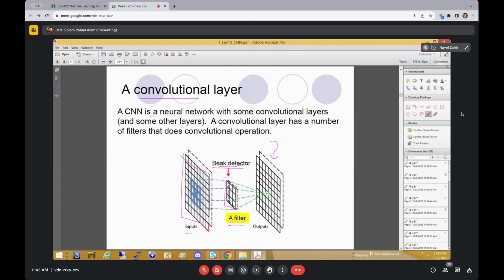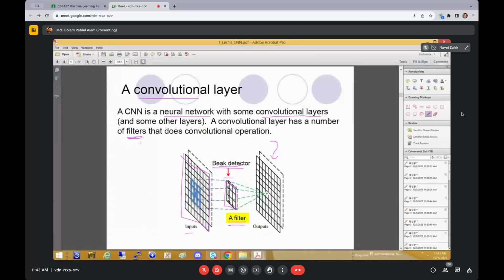So a convolutional neural network is a neural network with some convolutional layers, and some other supportive layers also. A convolution layer has a number of filters that do the convolution operation.